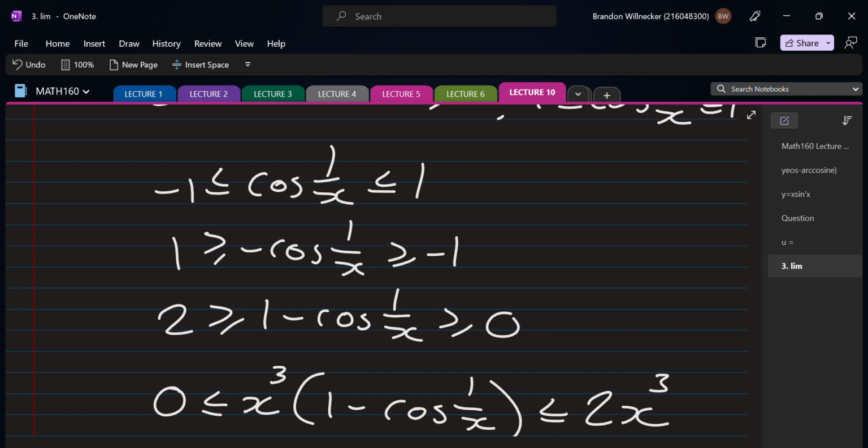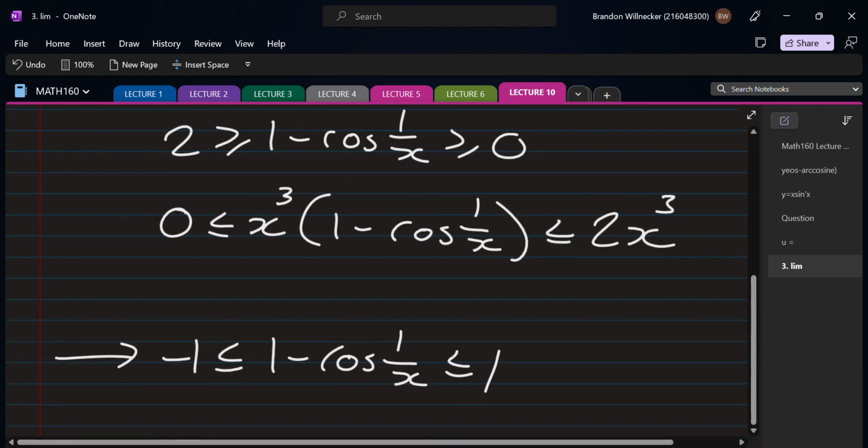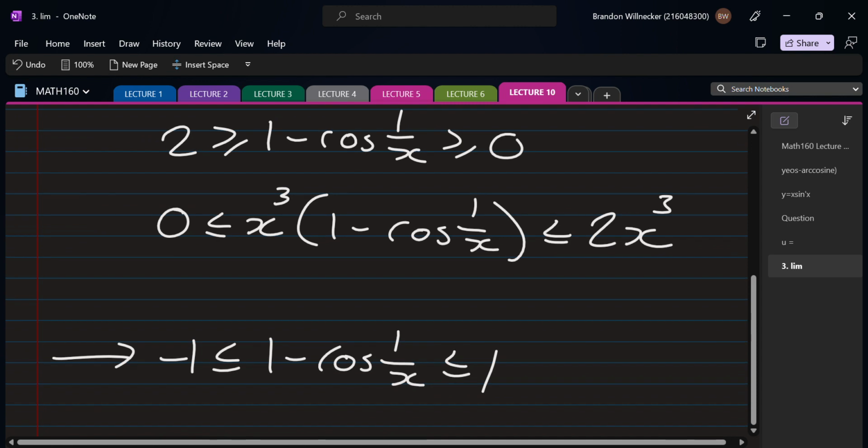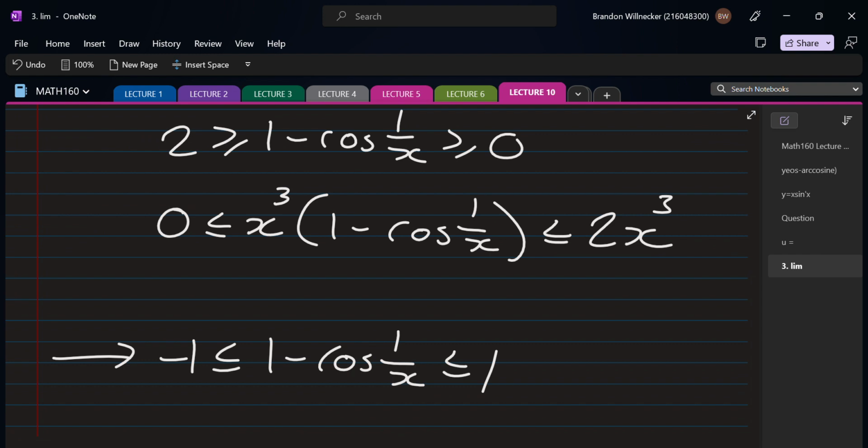We know the bounds, and we work up to the question slowly. So we start off with the cos, and then we need minus cos. So we multiply through by minus 1. Then we add 1. Then we multiply through by x cubed. Don't just write down the final function and say it's between minus 1 and 1. Okay, that's wrong. Start from the very simple part and work up to what you need. So this is wrong.